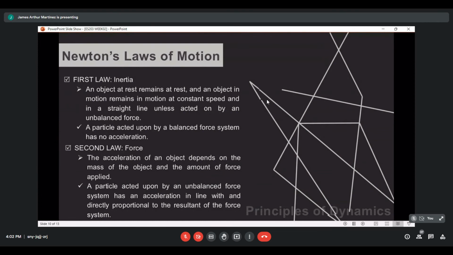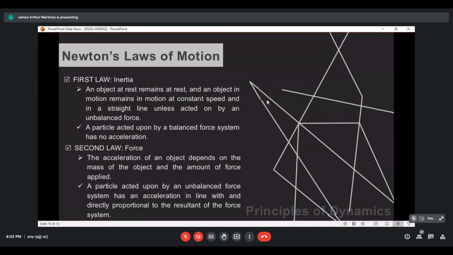There are actually various ways of stating the first law of motion of Newton. But in engineering mechanics, we can also phrase it as: a particle acted upon by a balanced force system has no acceleration. So, that is the first law of motion, also known as the law of inertia.